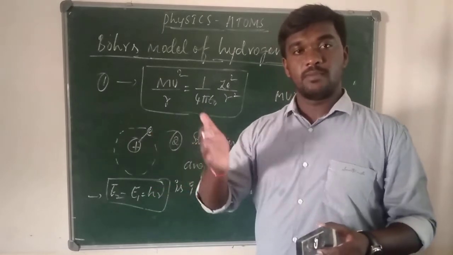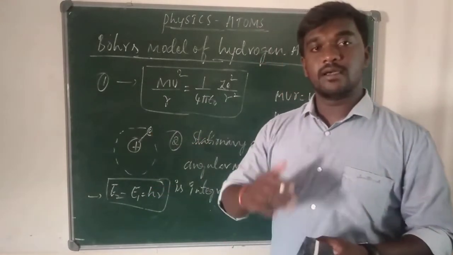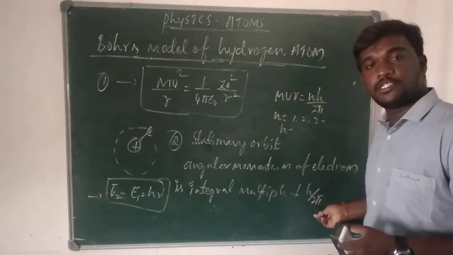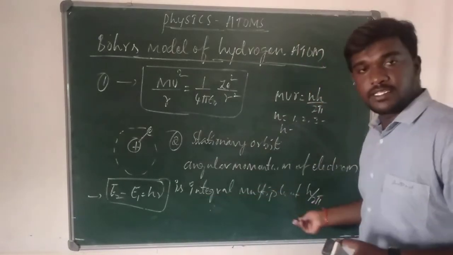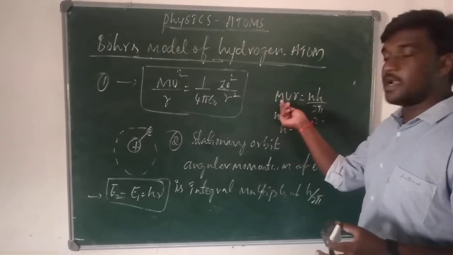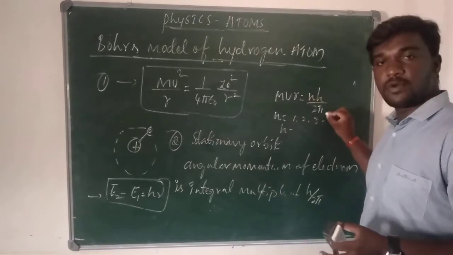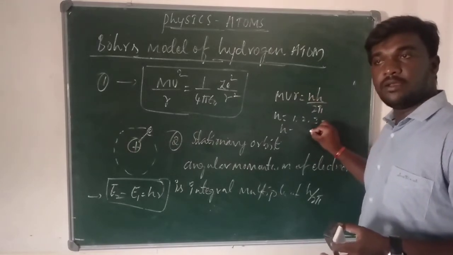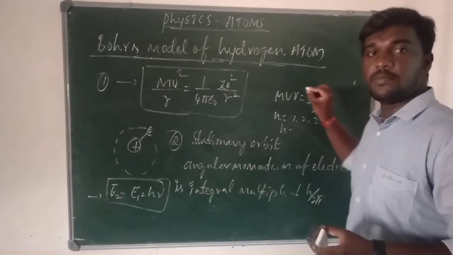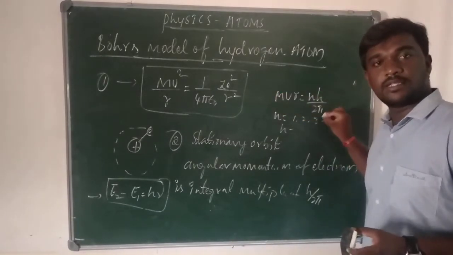That angular momentum is an integral multiple of h by 2 pi. h is Planck's constant. The angular momentum mvr is equal to nh by 2 pi, where n is equal to 1, 2, 3, and so on. n is the principal quantum number, and h is Planck's constant.